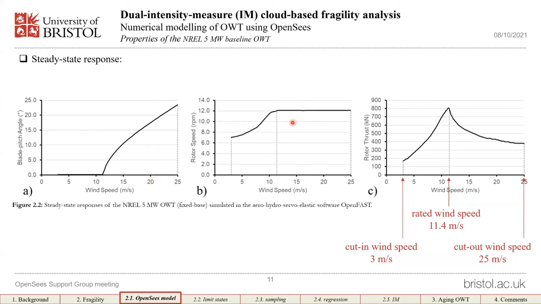This is to maintain a constant rotation speed of the turbine, therefore regulating the power generation process. At the same time, the total rotor thrust will decrease monotonically from around 800 to 400. This is basically what makes a wind turbine very different from any ordinary structure subjected to wind load, because the structure this time is active on its own.